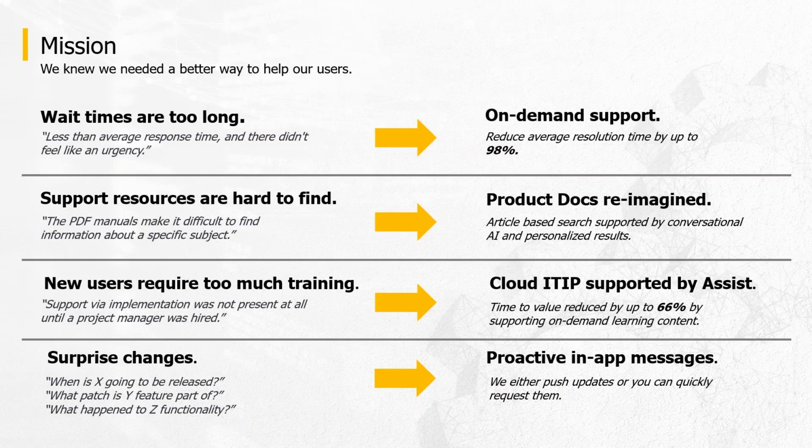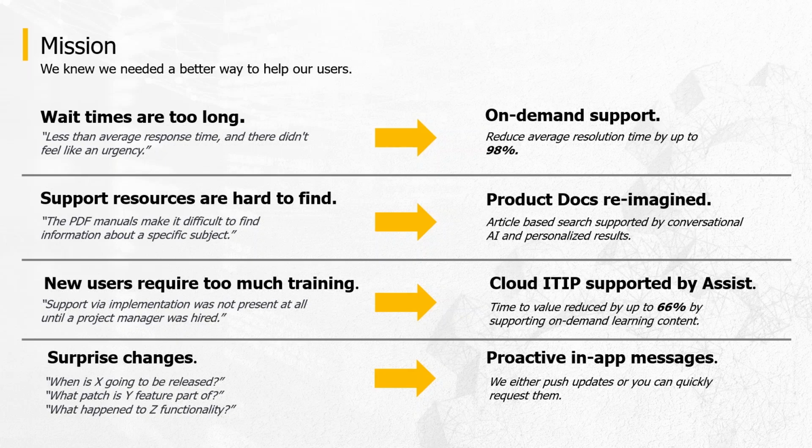We knew that we needed a better way to help our users. I'm sure some of you may resonate with some of the quotes we have up on the left here. Some being that our wait times are too long. One customer quoted that we had less than average response times and there didn't feel like an urgency. We know that our support resources have been hard to find in the past, especially with large PDF manuals that make it hard to find specific information.